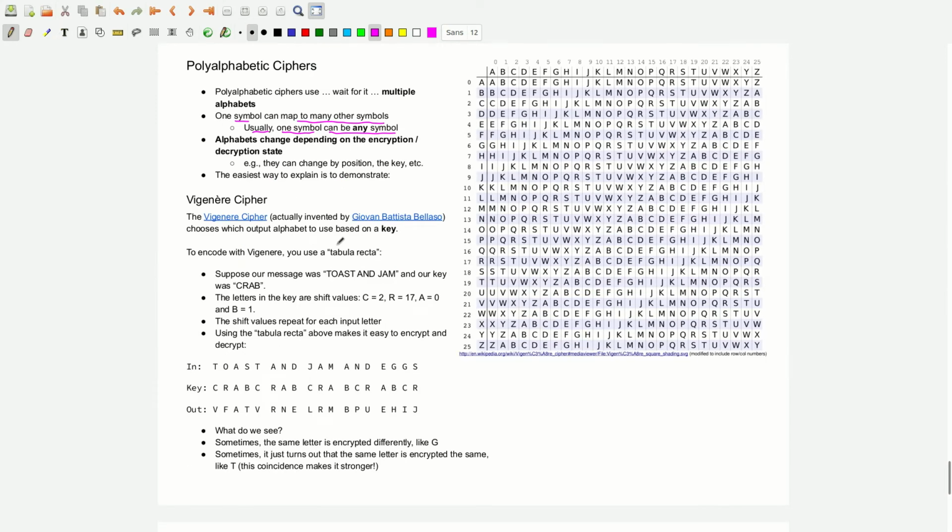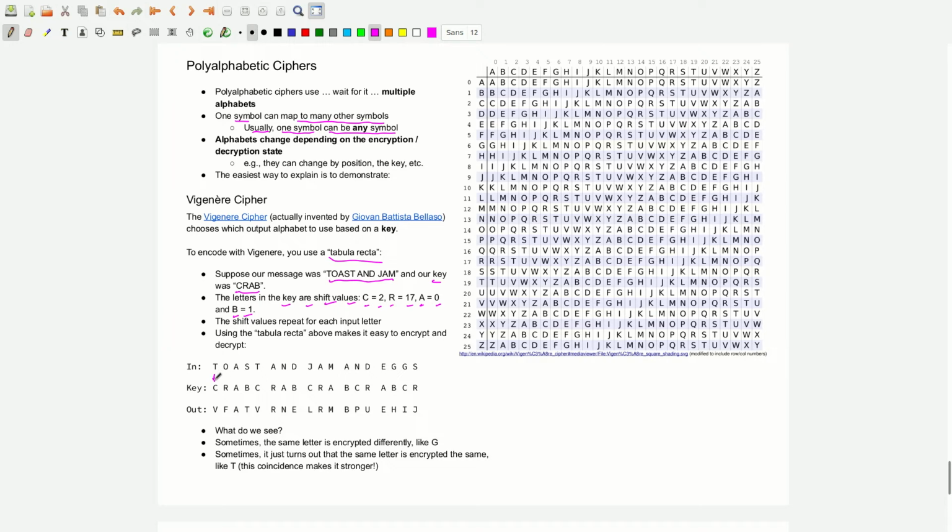So a tabula recta just means a square table. So suppose our message is toast and jam, and our key is crab. Okay, the letters in the key then become shift values. So C is a shift of 2, R is a shift of 17, A is a shift of 0, and B is a shift of 1. Okay, and using the table, we can do the encryption.